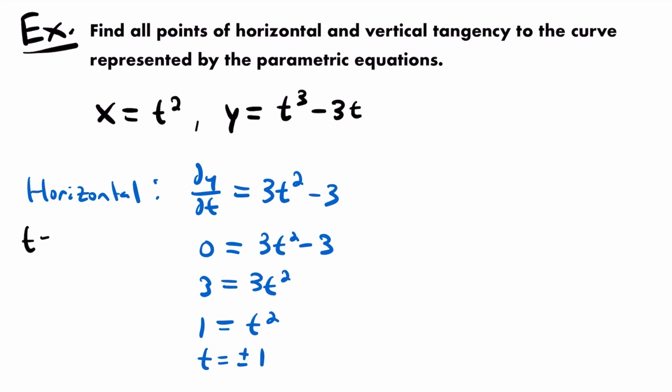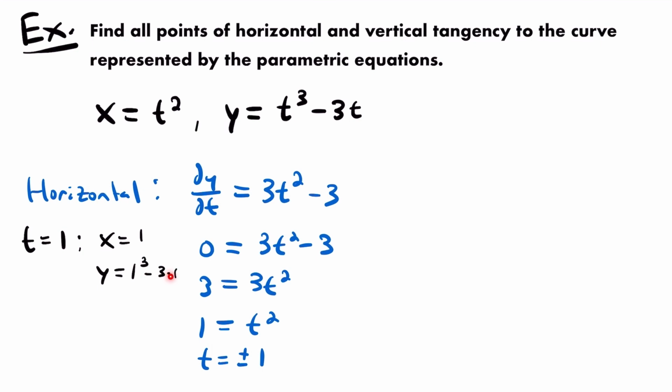Alright, so let's start with t equals positive 1. When t equals 1, x is equal to t squared, so we have 1 squared, and 1 squared is just 1. So x will be equal to 1. And y is equal to t cubed minus 3t, so we replace t with 1 and have 1 cubed minus 3 times 1. 1 cubed is 1, and then we have minus 3 times 1, which is 3.